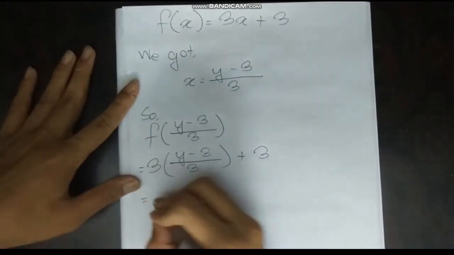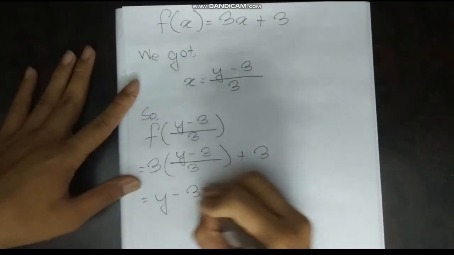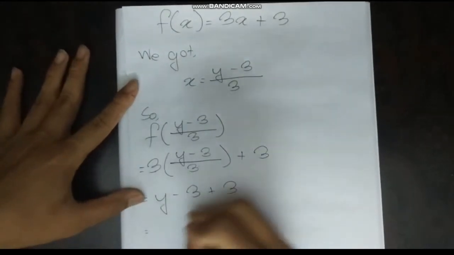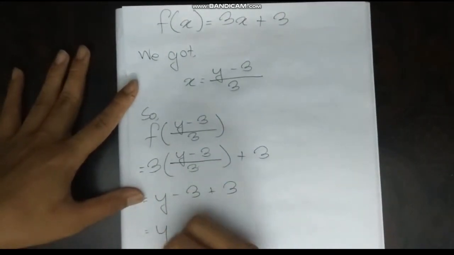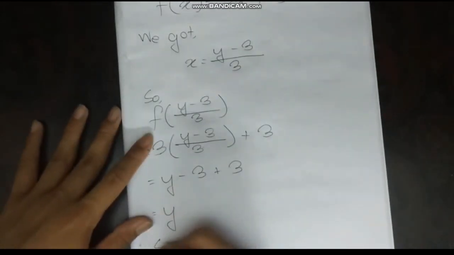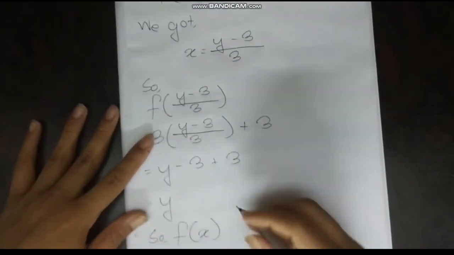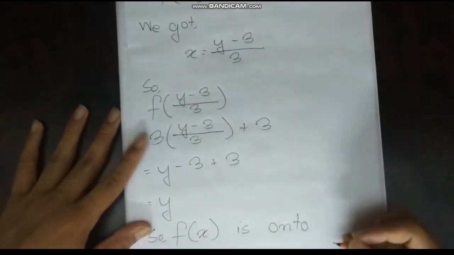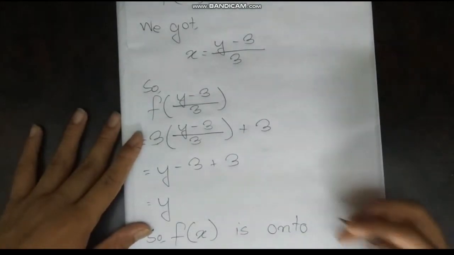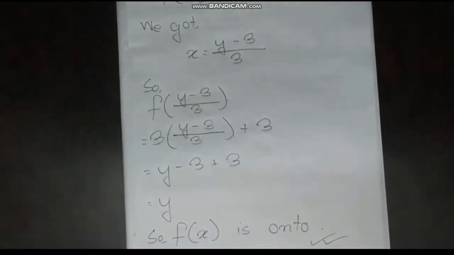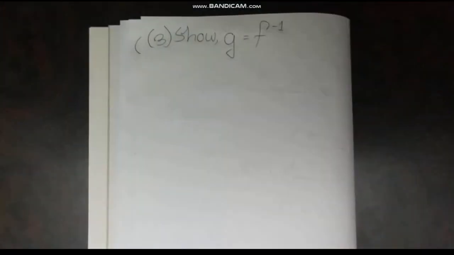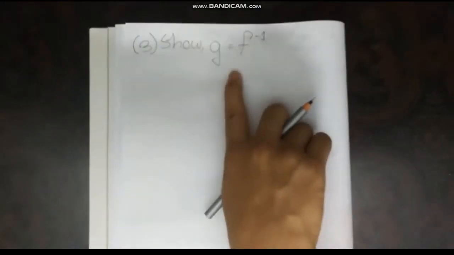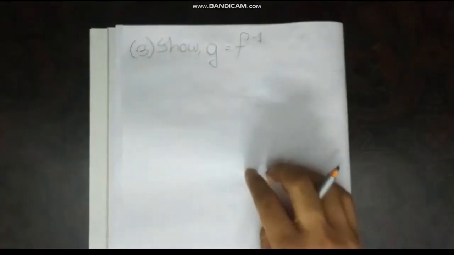These 3s cancel out, it is equal to y minus 3 plus 3, these two cancel out each other, equal to y. Therefore, we can say that the function f of x is onto, since it has an inverse function. Now we have to prove that the function g is equal to the inverse of the function f.